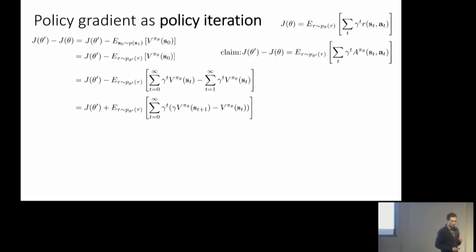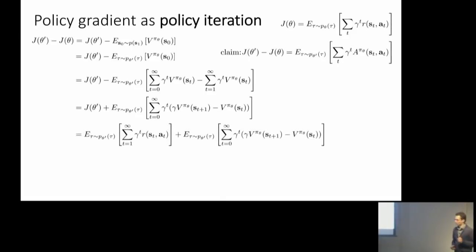Good. Now the first term, J of theta prime, there we'll just substitute in the definition up here. So J of theta prime is just the expectation, again under p theta prime, of the total rewards. And now you can all kind of guess what we're going to do. Any guesses about what we're going to do? Yeah, we're going to put them together.